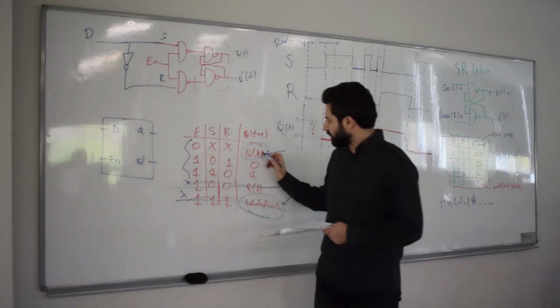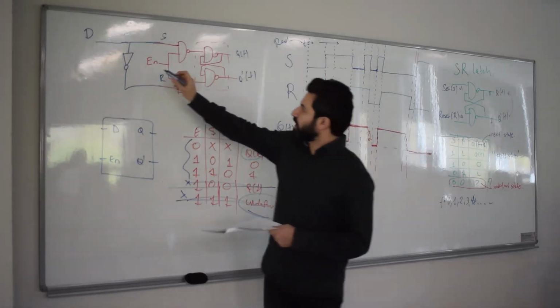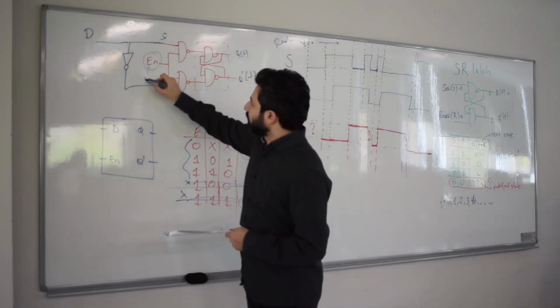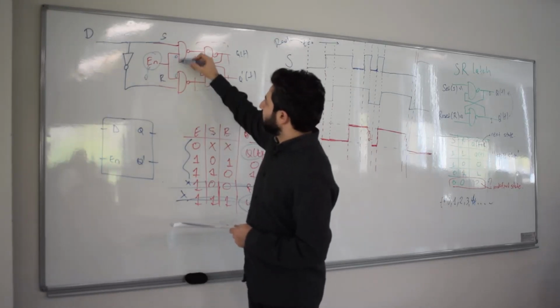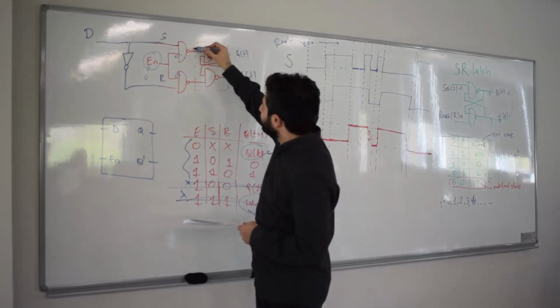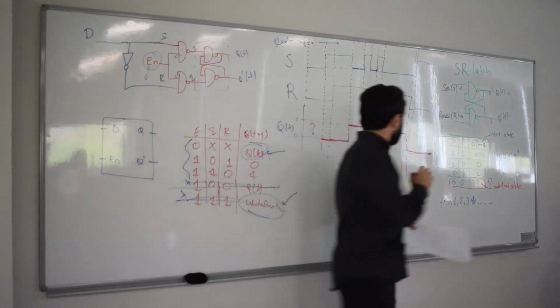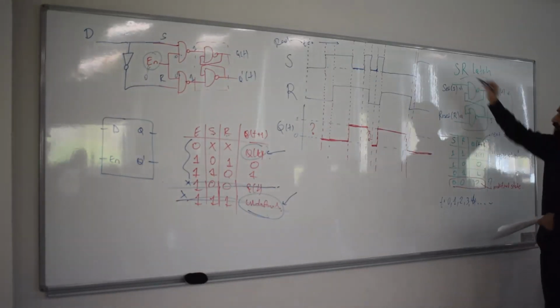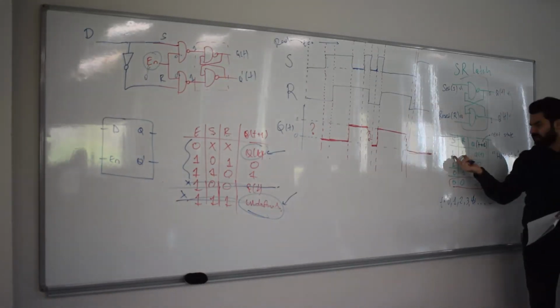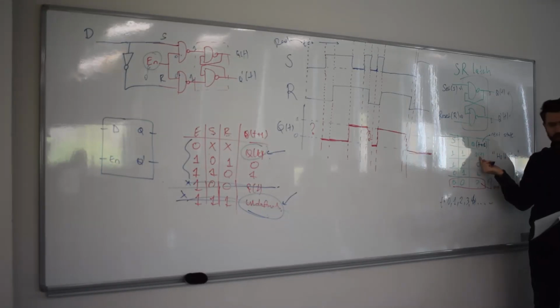Mm-hmm. Yeah, the way that we get QT here is because of the enable. If enable is 0, you see these are zeros, but that automatically makes the output of these two NANDs 1, 1. But we know from the SR latch, this is my base SR latch, if the inputs are 1, 1, it corresponds to QT.